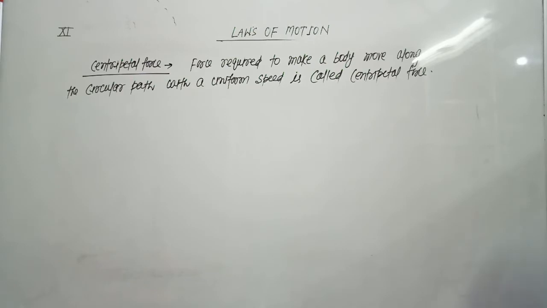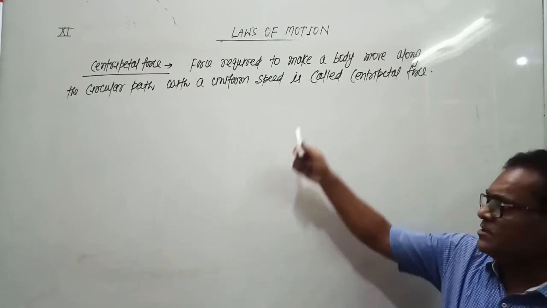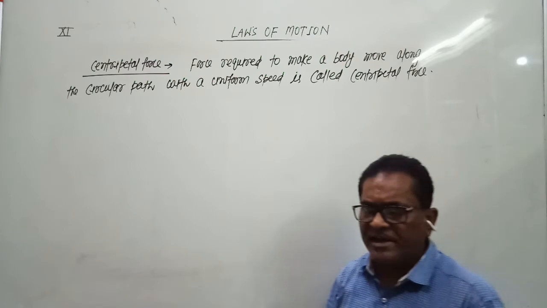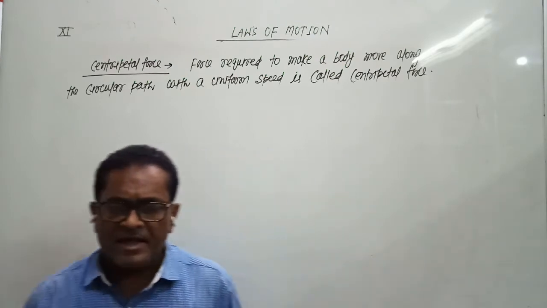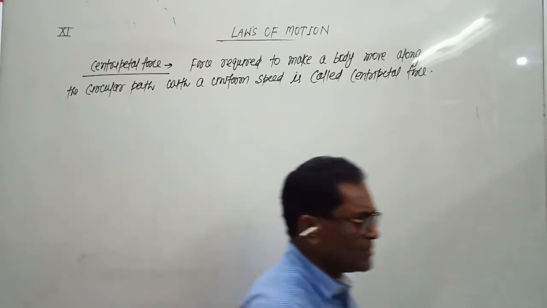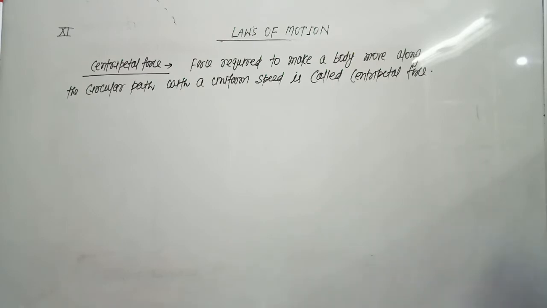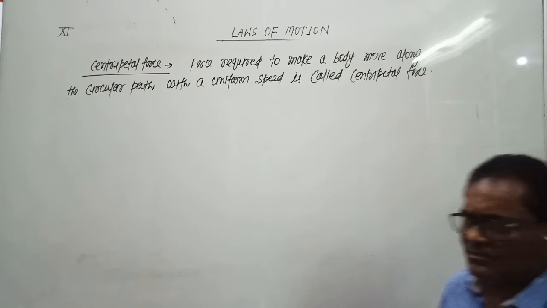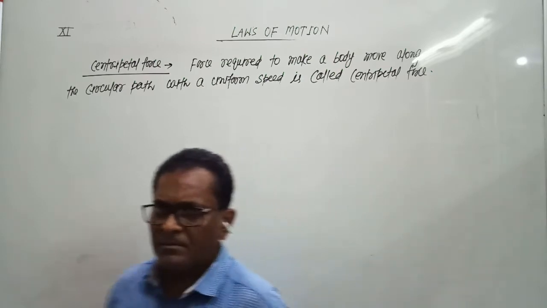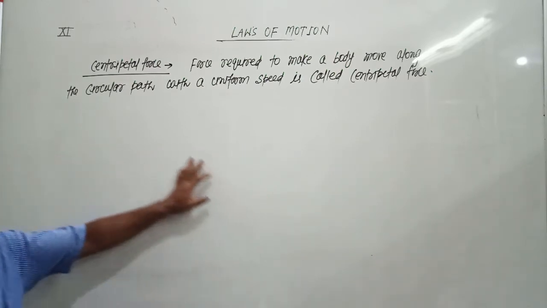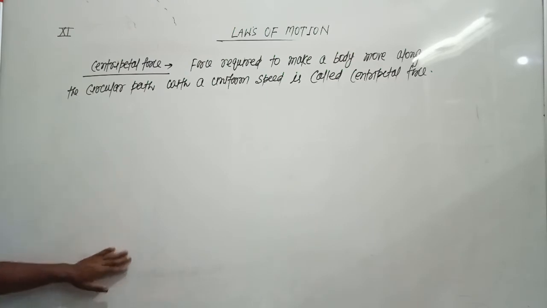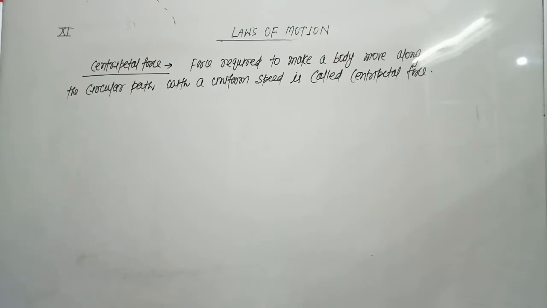Speed remains constant, that is, with uniform speed. Velocity changes at every point, because in circular motion the direction of the motion changes at every point. That's why its velocity changes, but speed remains constant. So the force required to make a body move along a circular path with uniform speed is called centripetal force.